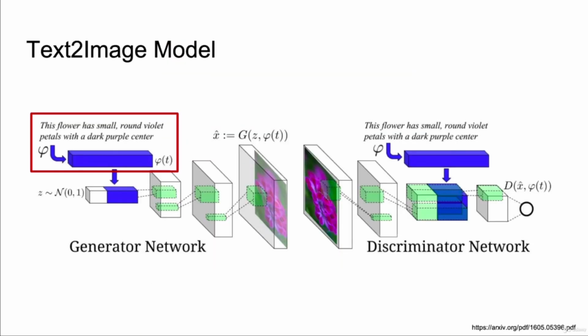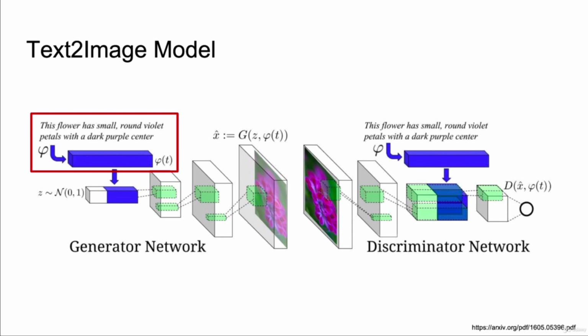Now let's look at the model that the authors of the paper proposed. In fact, this is a standard conditional deep convolutional generative adversarial network. However, there are a few details, and let's look at them. The first thing we do is the encoding of the text description.